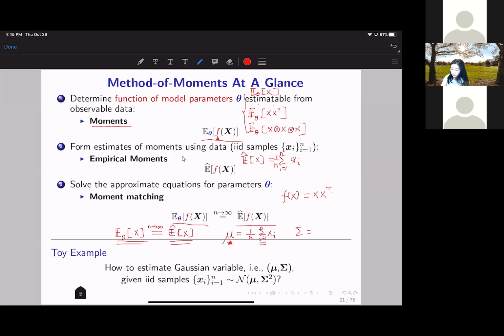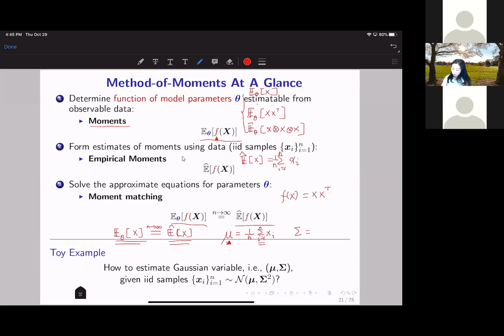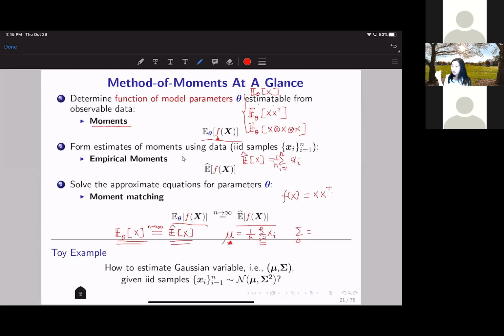As long as you have f to be something more complicated, not only the expectation of the data itself, but the pairwise interaction of the data, so it's the covariance of the data, then you should be able to learn the sigma, right? By some simple manipulation. Of course, you have to subtract the mean and so on. But anyway, you will use a more complicated f to learn the sigma for a Gaussian. And similarly, also for a mixture of Gaussians, you will be able to do that.